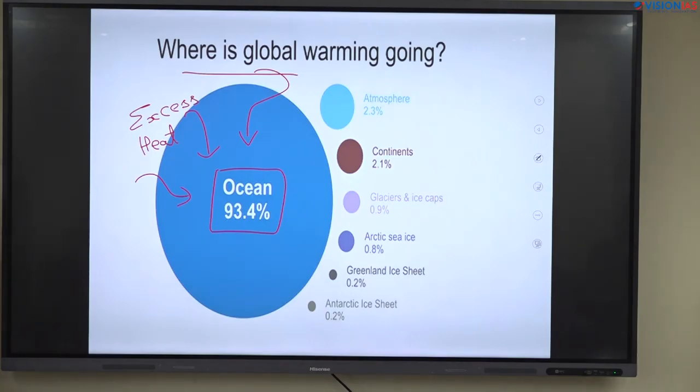So the major impact of climate change is on oceans. Oceans are absorbing that excess heat, excess radiation, and oceans are becoming warmer day by day because they are absorbing heat. 93% of global warming heat goes into the ocean. And the worst impact of global warming is on the ocean because they are absorbing the heat.